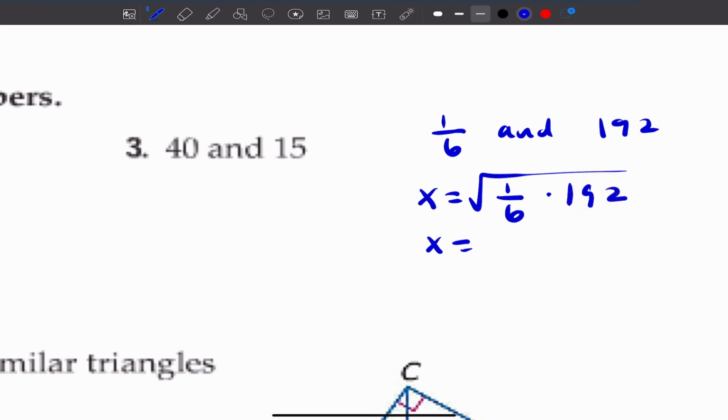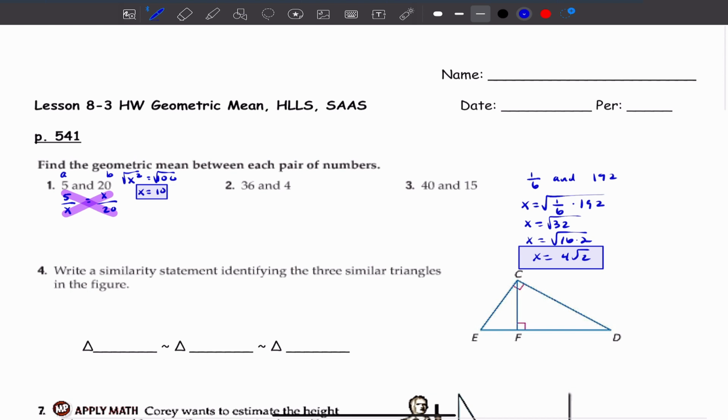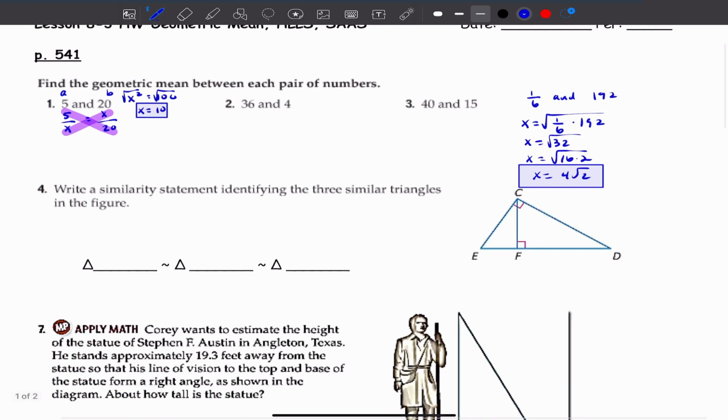So 1/6 of 192 is 32, so the square root of 32. So x is equal to the square root of 16 times 2, so x is equal to 4 root 2. Okay, something like that you may get.